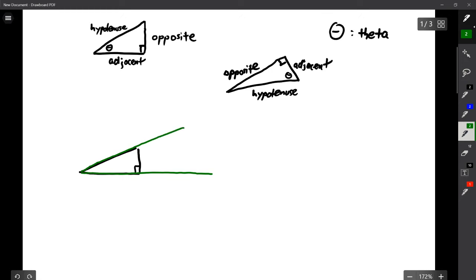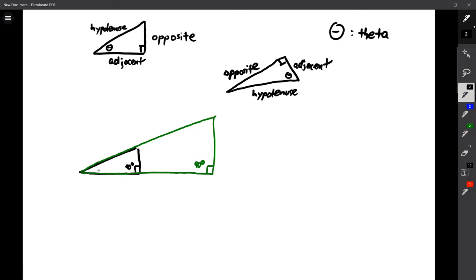So if I try to keep that going at the same straightness, about like that. So this one we know is 90 degrees, right? And this one is also 90 degrees. And let's just say that this one is 30 degrees.